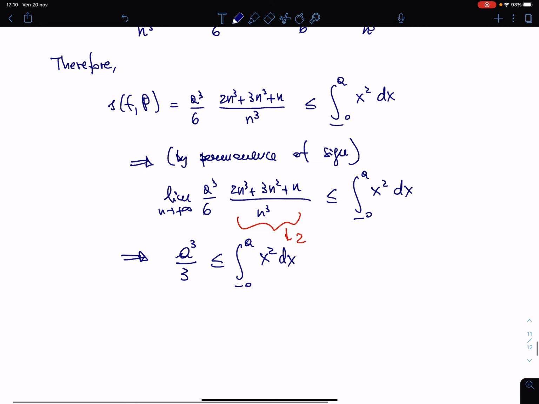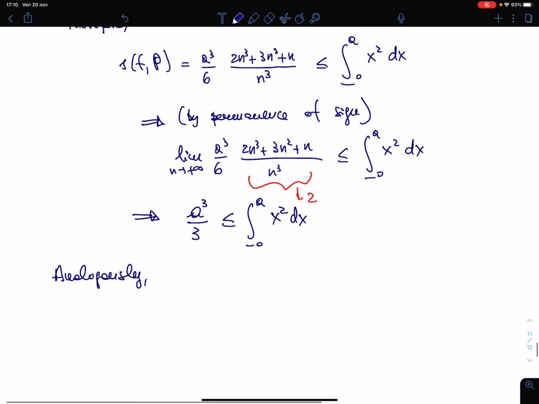So in a completely analogous way, we have that the upper sum S Fp is equal to, oh sorry, here there was a mistake. I did the upper sum. This is a minus, and this is a minus. The final result is not affected at all.